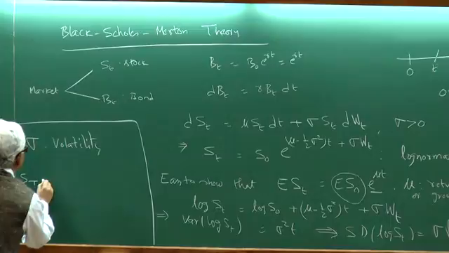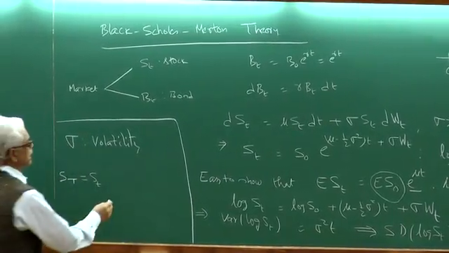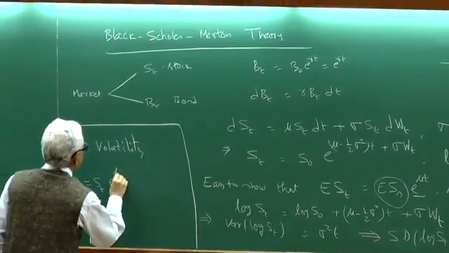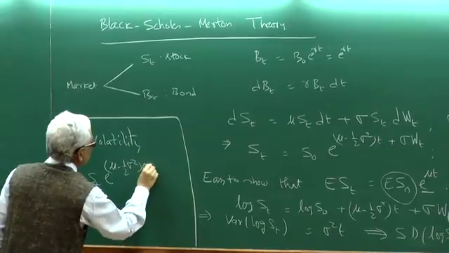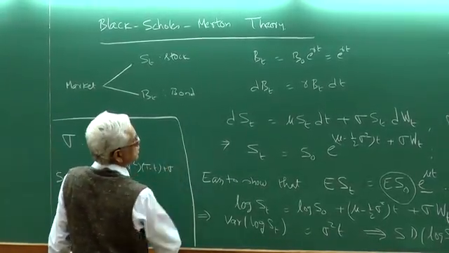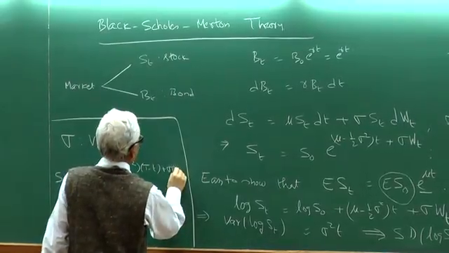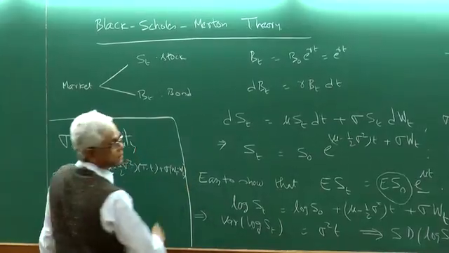S of capital T will be S of little t times e to the power (mu minus half sigma squared)(capital T minus t) plus sigma times (W_T minus W_t).